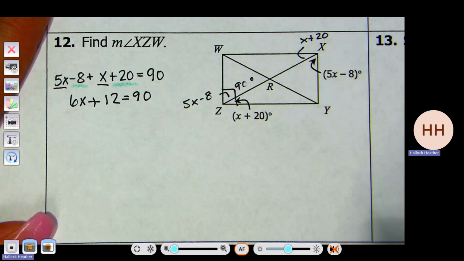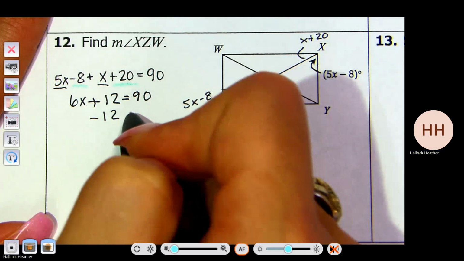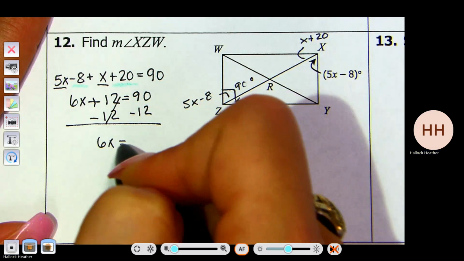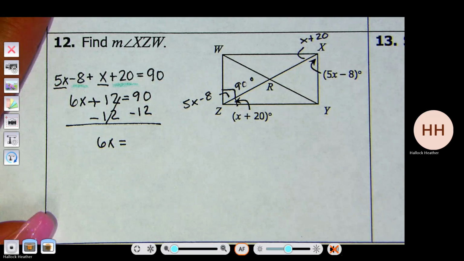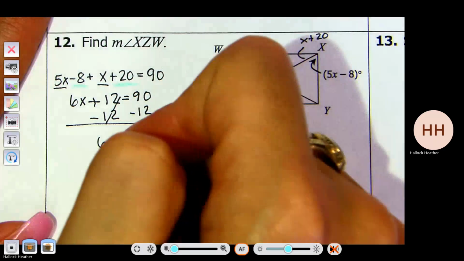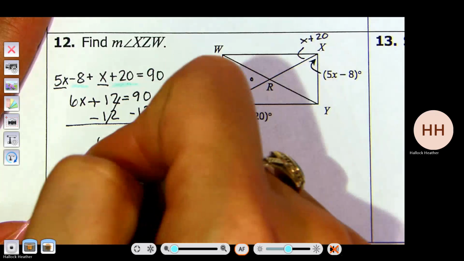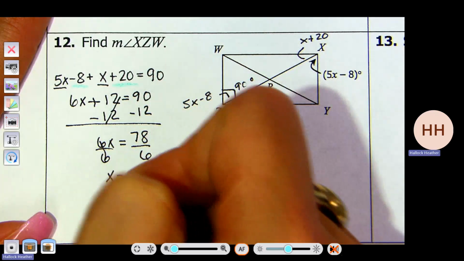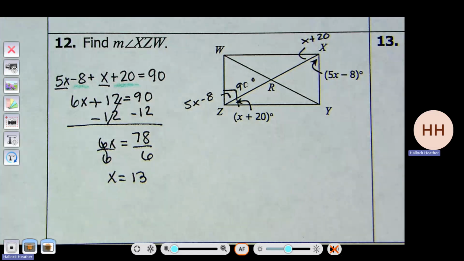Then it's a two-step equation. I can minus and divide. What's 78 divided by 6? 13. And now we got to figure out where we got to plug it back in.